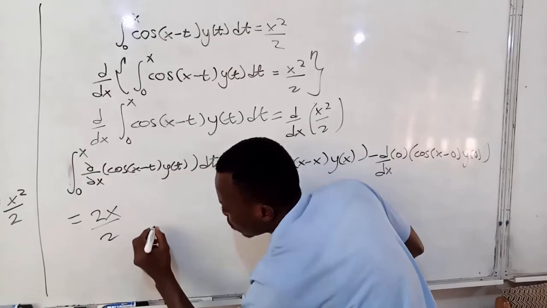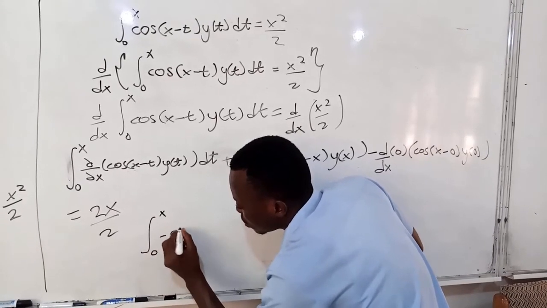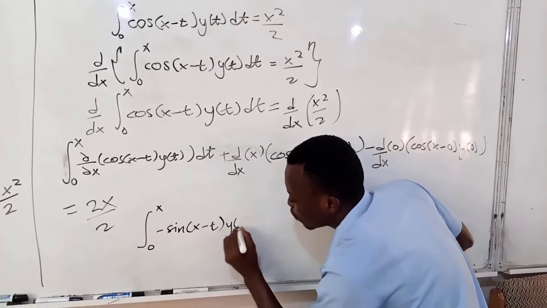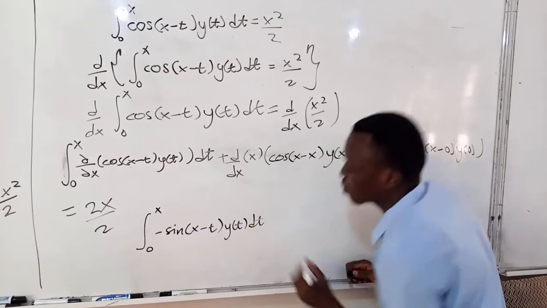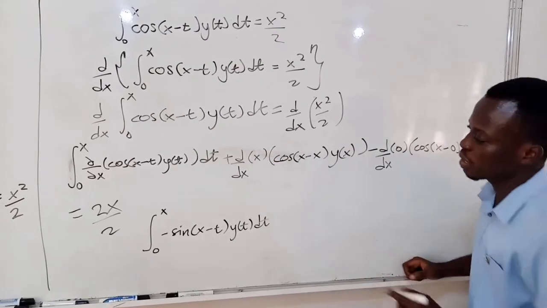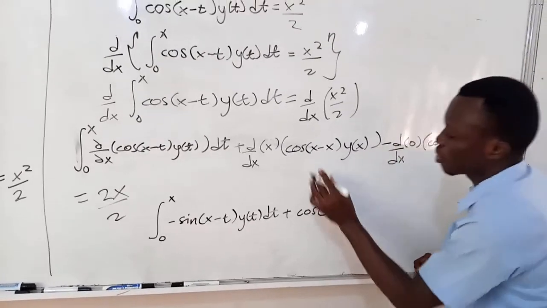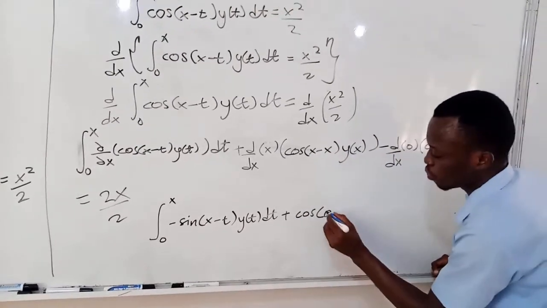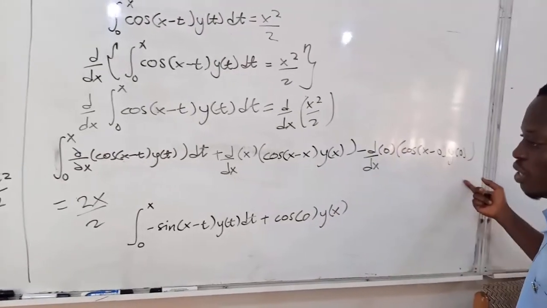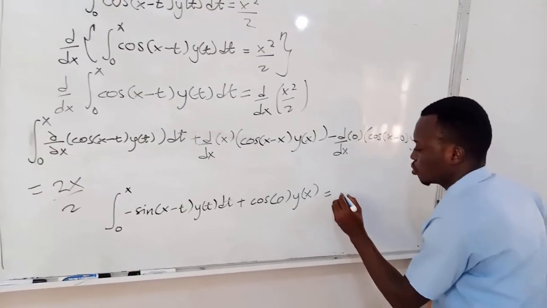So we're going to have the integral from 0 to s of minus sine(s minus t) y(t) dt. If you differentiate the upper limit s, we're going to get 1, which means plus cos(s minus s), which is cos 0, times y(s). The whole of this side is 0, then these two cancel, meaning the whole of this side is equal to s.